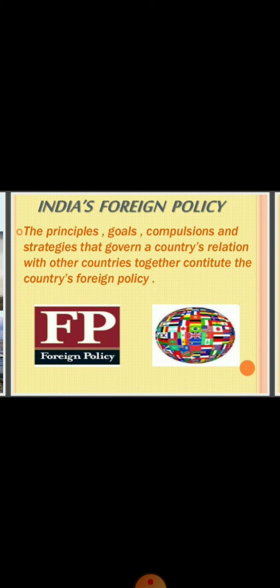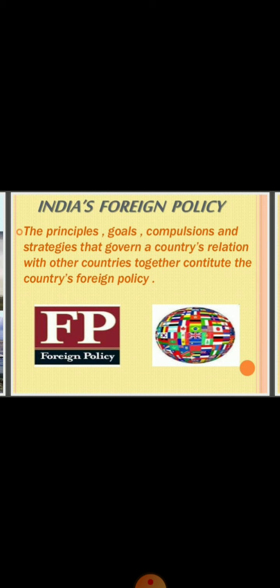Now we will discuss the foreign policy, because this newly born country has to set up good relations with foreign countries also. So the principles, goals, compulsions and strategies that govern a country's relations with other countries together constitute the country's foreign policy.